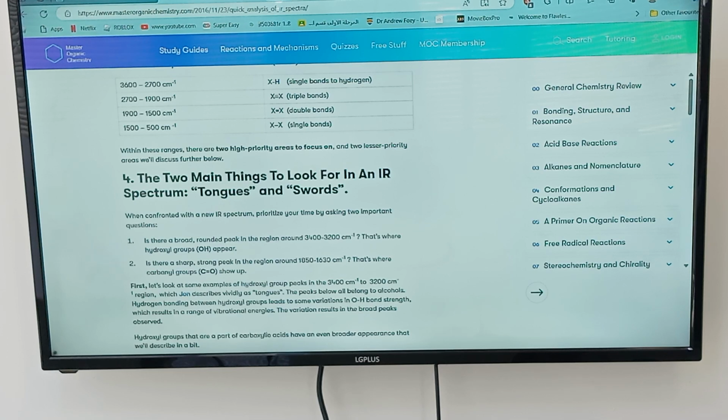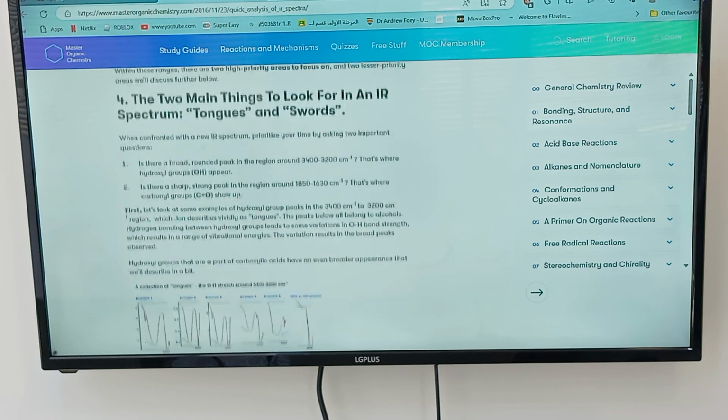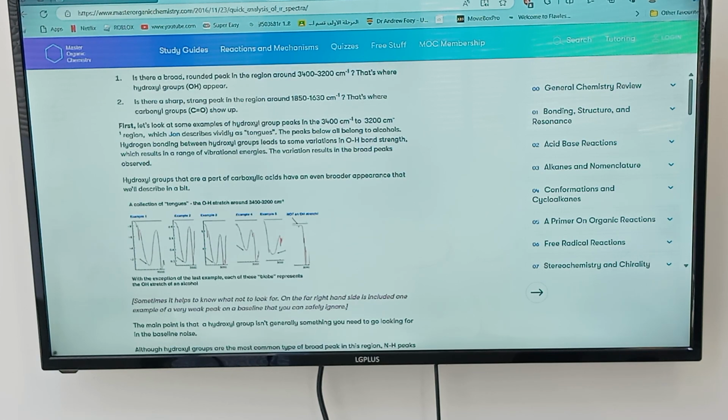The carbonyl peak appears from 1630 to 1850 centimeter minus 1. First, let's look at some examples of hydroxyl group peaks in the 3400 to 3200 centimeter minus 1 region, which John describes as tongues.